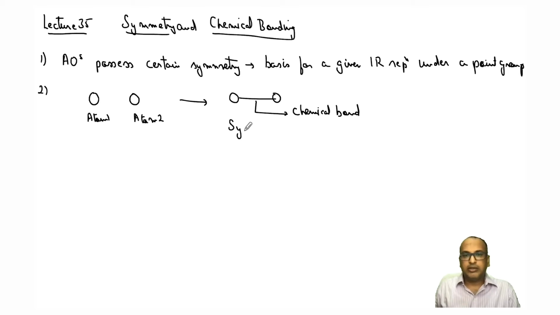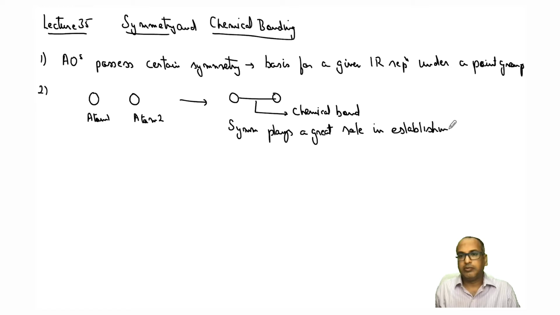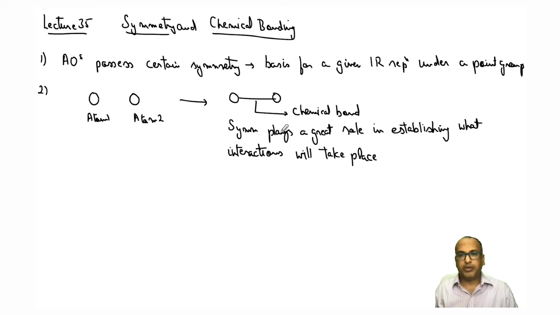Symmetry plays a great role here in establishing what interactions will take place and what will not. We will see how symmetry comes into this picture, but it has a great role in forming chemical bonds. This is what we already know; I'm not telling anything new.